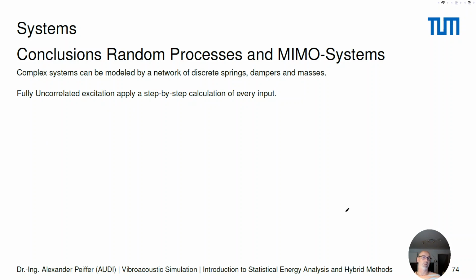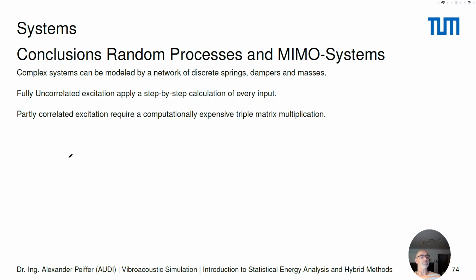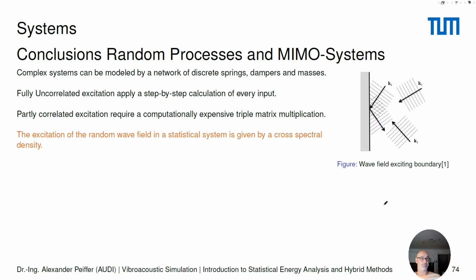So the linear case can be used, and that means that the situation is quite as simple as it is for the fully correlated case. However, if we have partly correlated and random excitation, as we have a lot in our statistical energy analysis case, we need an expensive triple matrix multiplication to deal with such an excitation.